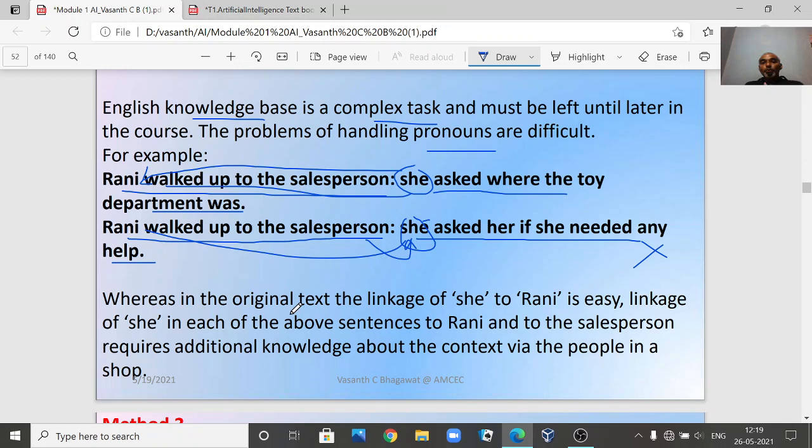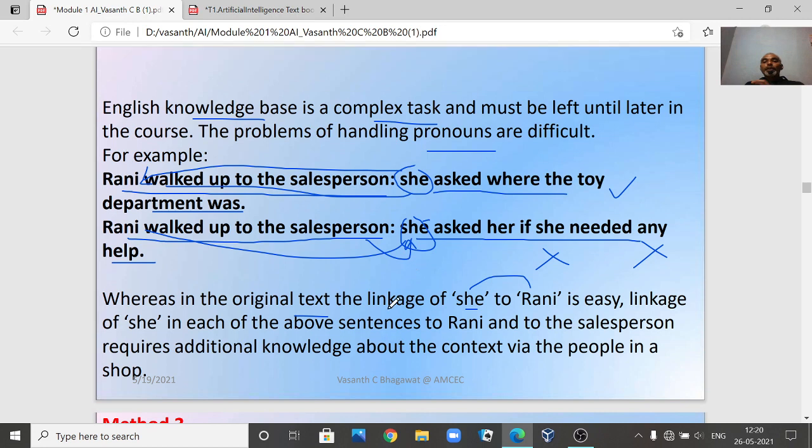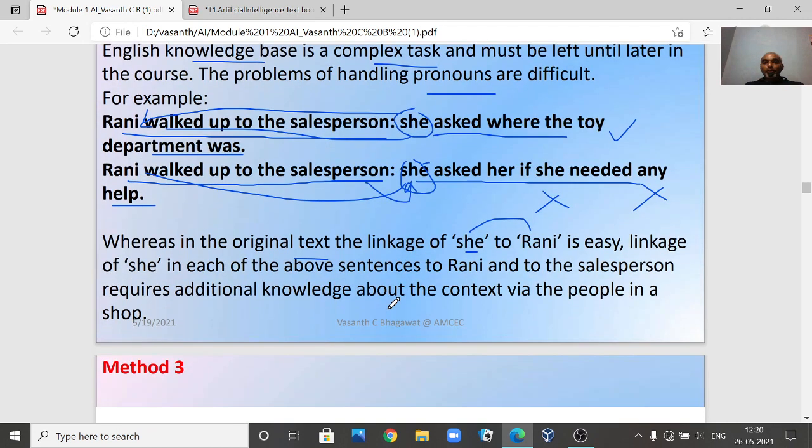So in our original text, when you are going to substitute she with Rani, it is easy, right? But when you take this sentence, the complexity changes. If this was there in your text, you can answer, but if this is there, you cannot answer your question. So that is what we are saying: the complexity is more, so we need some additional knowledge also.